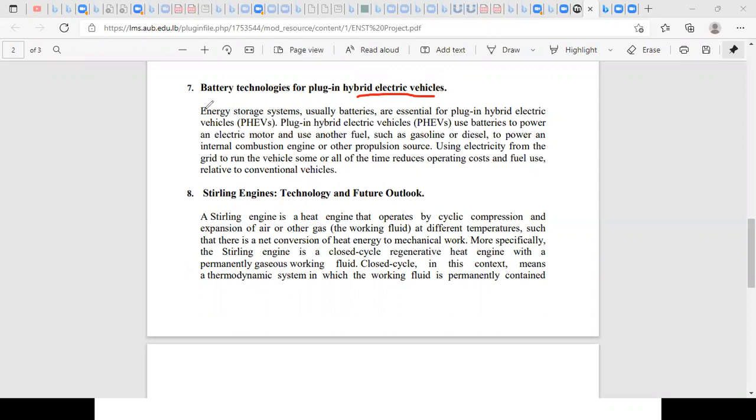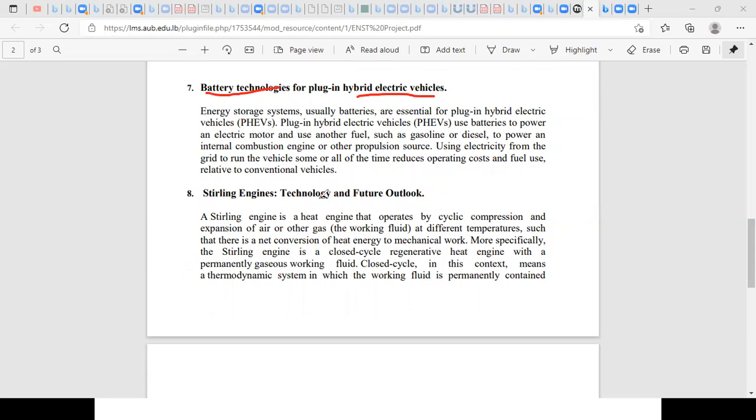And if the battery cannot handle a certain distance, you can rely on fuel for the remaining part, and this will be a transition to completely electrical vehicles. So this technology is under development and is very interesting if someone wants to work on it.